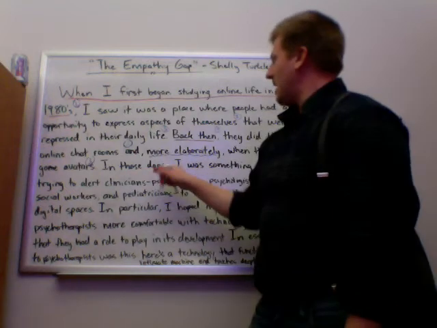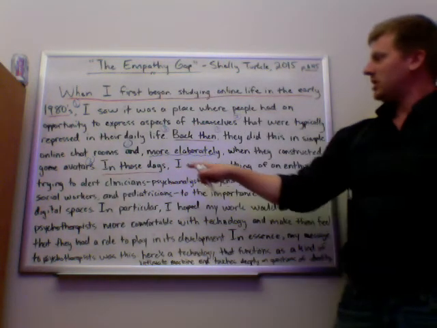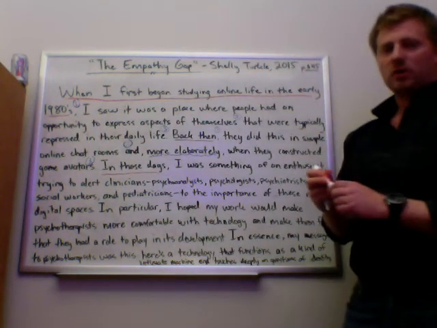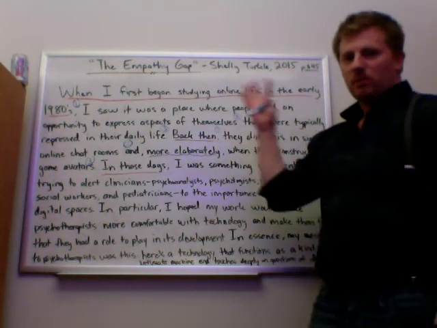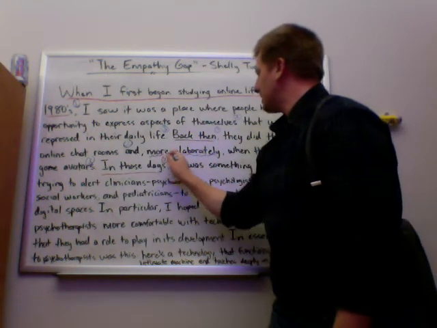"In those days." See how she starts this paragraph off? Again, she's doing the same thing, calling back to the 1980s with the first part of her sentence. So she's really linking you up to how this was in the 1980s.